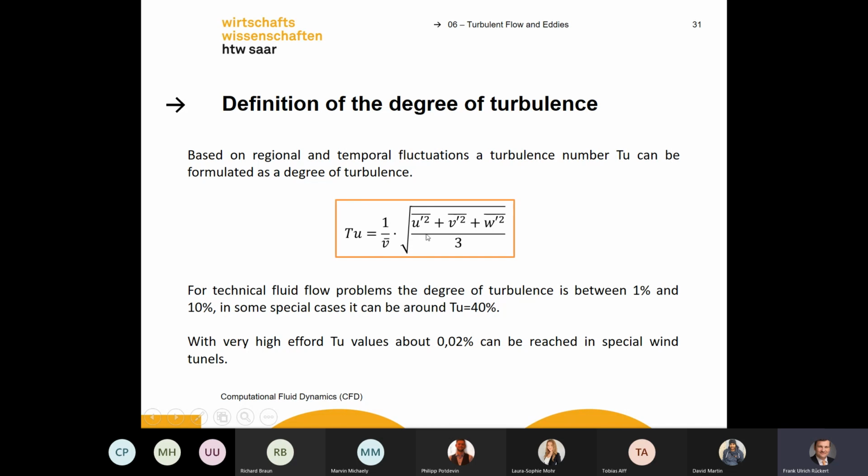If you imagine you have big fluctuations, high deviations, the fluid is fluctuating very fast, then you have big deviation values, and then you can have big turbulence degrees. If you have small deviations and small fluctuations, you have small degrees of turbulence.